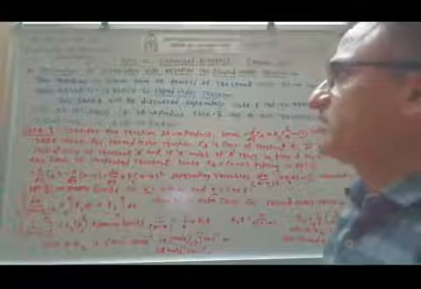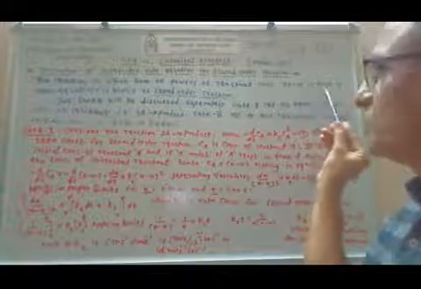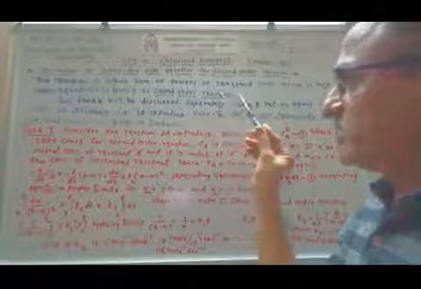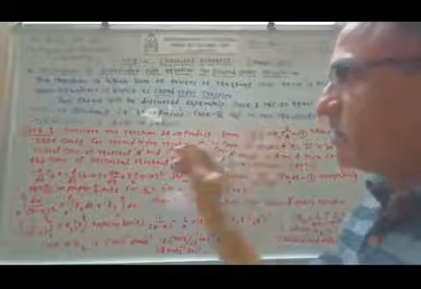The reaction in which the sum of the powers of reactant concentration terms in the rate equation is 2 is known as second order reaction. Now there are two cases to discuss separately.